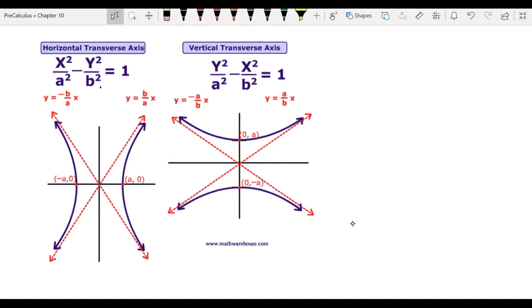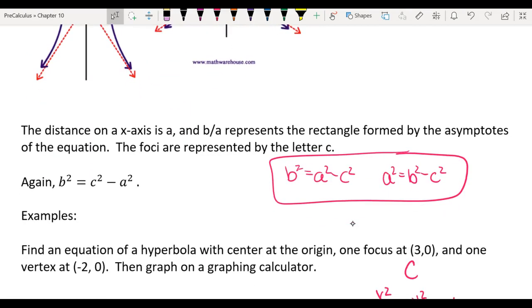Well, why is it labeled C? We label it C so that we can plug it into this formula so that we can find what our other letter is. Okay? And then it says one of your vertices is at -2, 0.